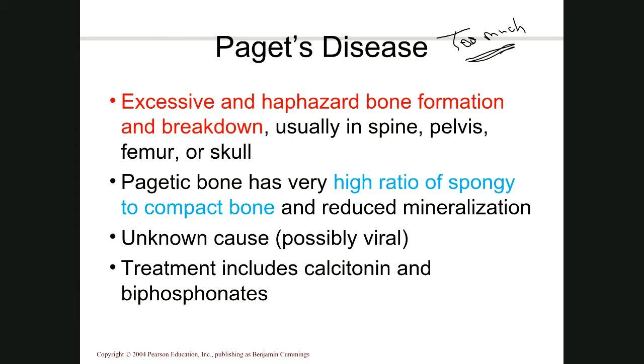It's haphazard, and so it forms in weird places. So it's an overgrowth of bone in weird places. Specifically, it's an overgrowth of spongy bone. It's most common in the spine, the pelvis, the leg, the femur, and then also in the skull.